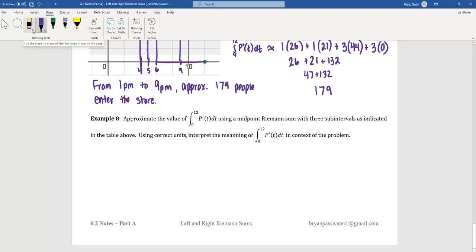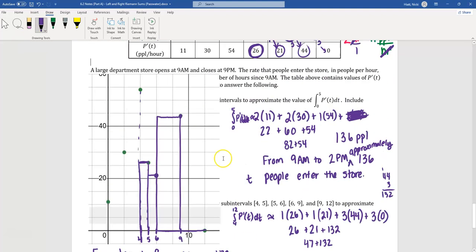I didn't read through these well enough. I really don't want to do midpoint just yet. The homework does not have midpoint. We'll do midpoint on the next set of notes whenever we get to it. So ignore 8 for right now. We're not going to do that.